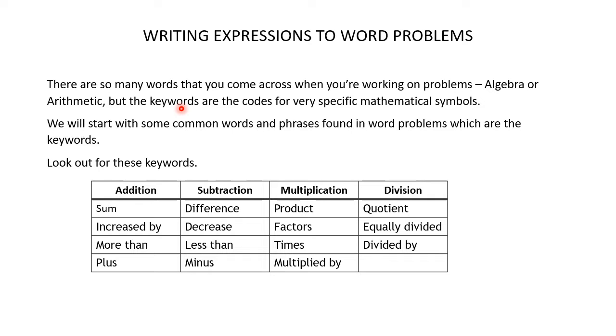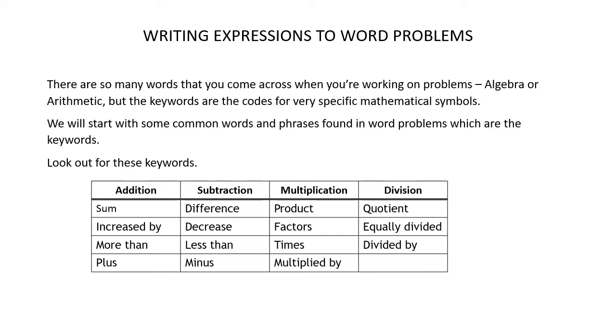These keywords will guide you as to whether you have to do addition, subtraction, multiplication or division. So look out for these keywords in the problems. We'll start with some common words and phrases found in word problems, which are the keywords. Look out for these keywords.